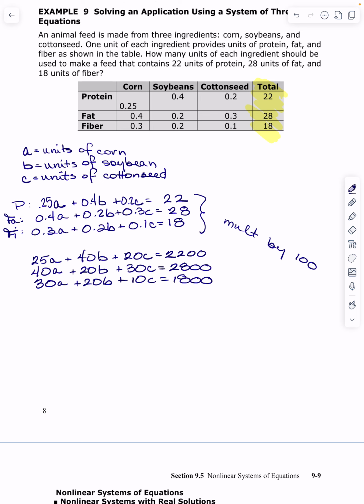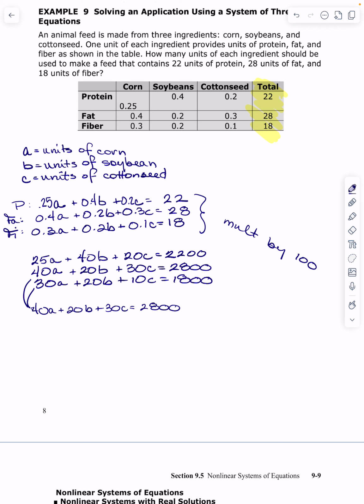Okay. I am going to start by, A looks a little ugly with the 25 and the others with 10s. C is doable. B looks like it might be the easiest. So I'm going to start with B. I'm going to leave the middle equation the same, 40A plus 20B plus 30C equals 2800.